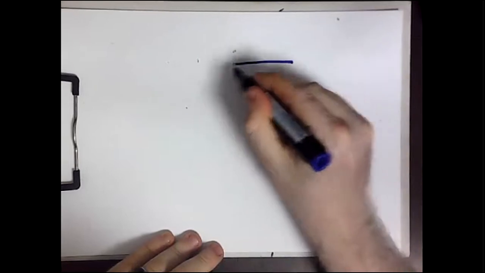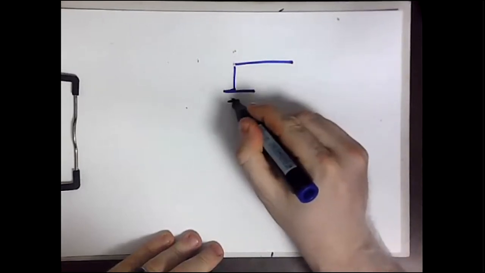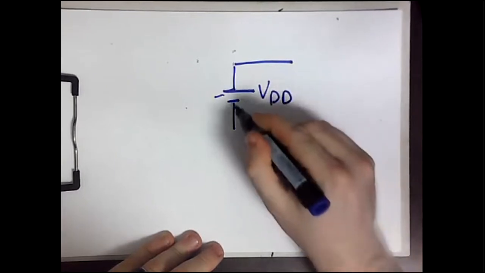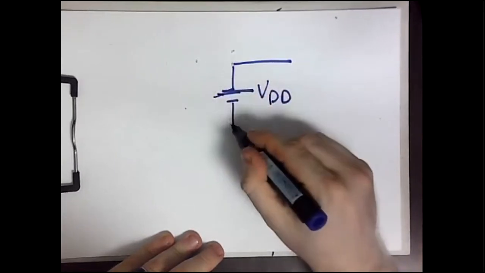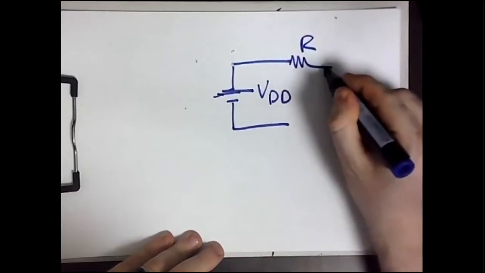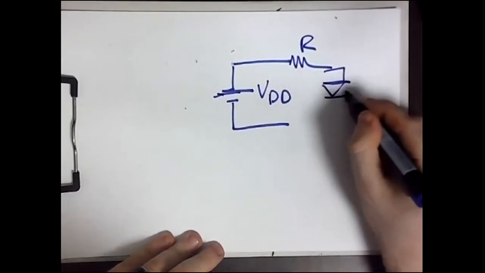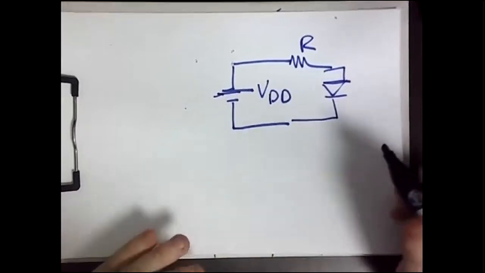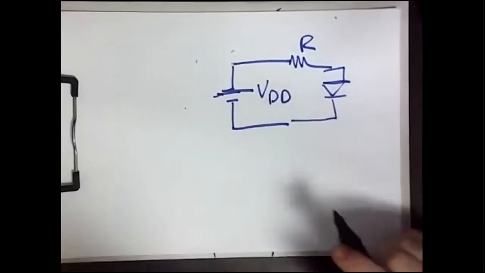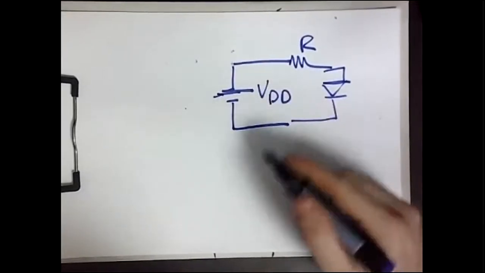What we have, my dear students, is a circuit like this. Of course, as usual, please accept my apologies for my bad handwriting and sketching.